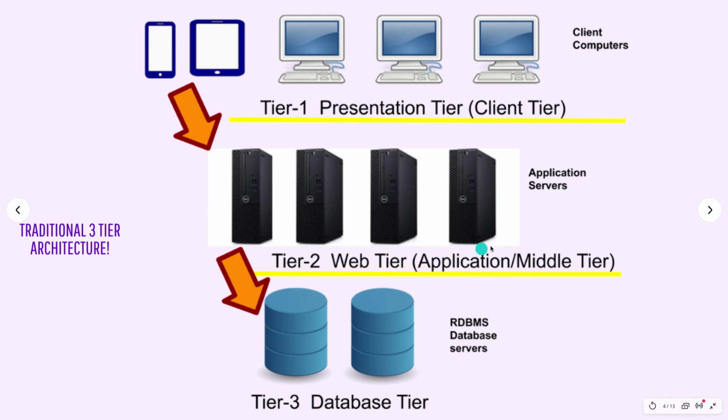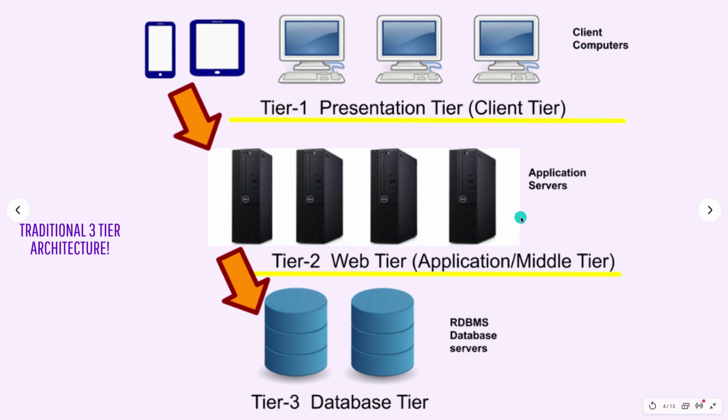So that web application, which is deployed on one of these servers, makes up the middle tier, which is also called the web tier or application tier. They all pretty much mean the same. Of course, in many solutions, there could be multiple tiers in this middle tier itself.